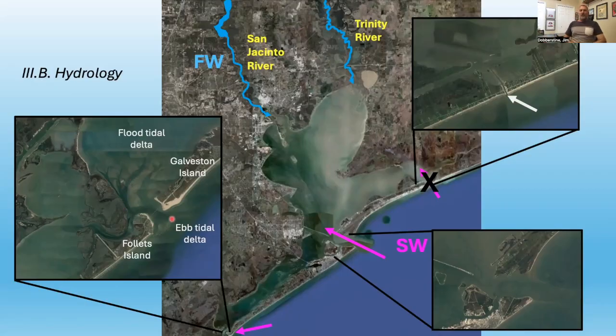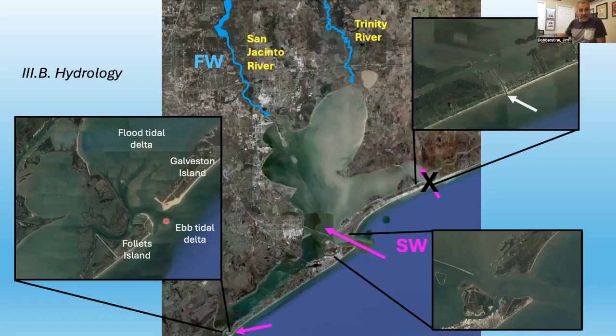Now, if you were to go back down to San Luis Pass on a regular basis over several months or over a few years, what you'll find is that where this channel is will move. The channel actually relocates, especially after big flood events. So whether that's fresh water moving its way out or salt water pushing its way in because of a storm, this channel will redistribute this sediment, which is fairly erodible.